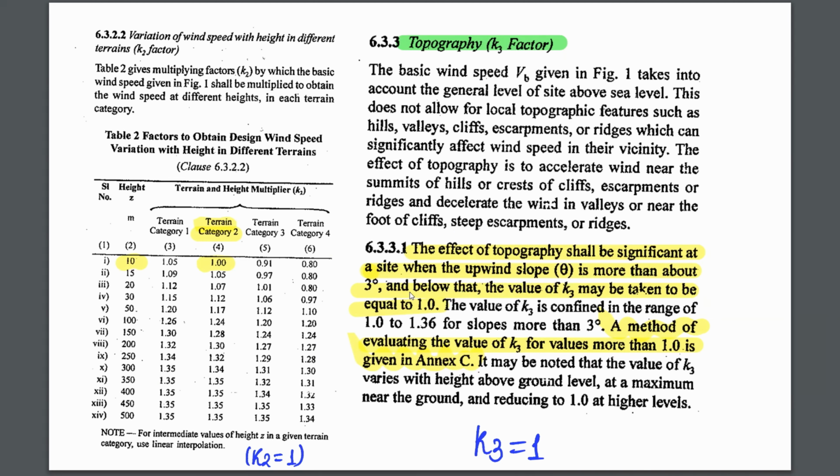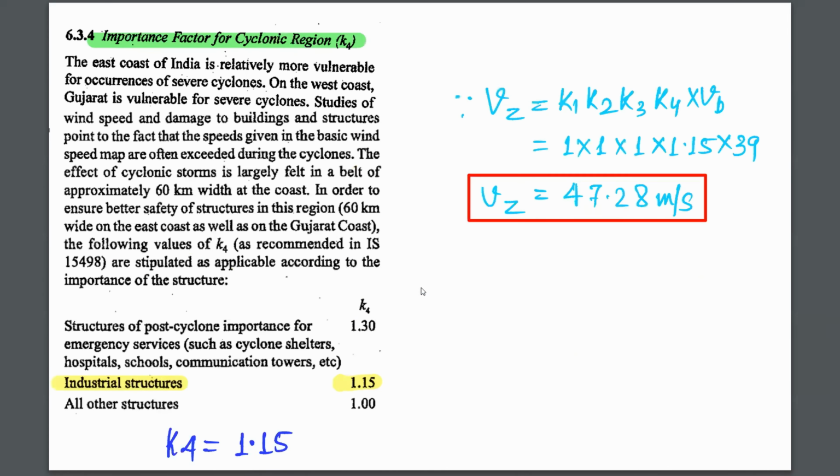But if you want more precise value, you can refer annexure C. And in the annexure C, there has been given a procedure to calculate the topography factor, that is K3 factor. Okay, if the theta value is less than 3, we can simply assume K3 is equals to 1. And if you are getting theta, that is upwind slope, more than 3 degree, then you have to calculate the value of K3. Okay, so I got K1, K2, K3, and let's move to get K4.